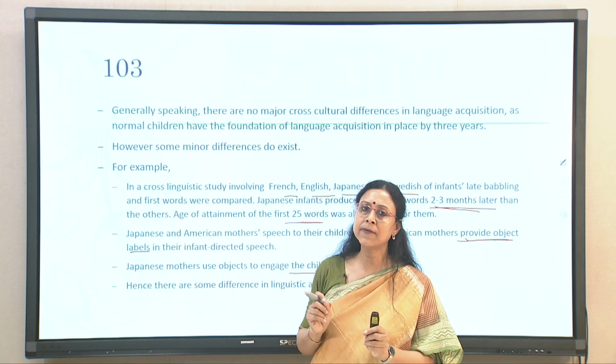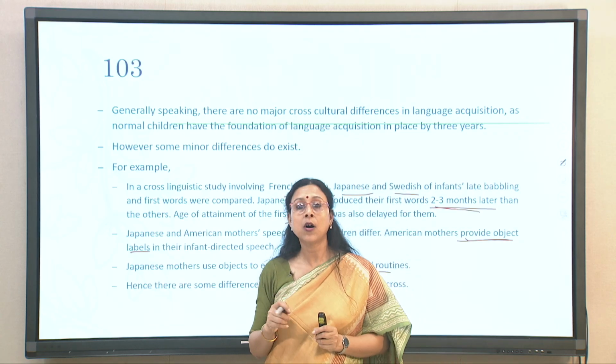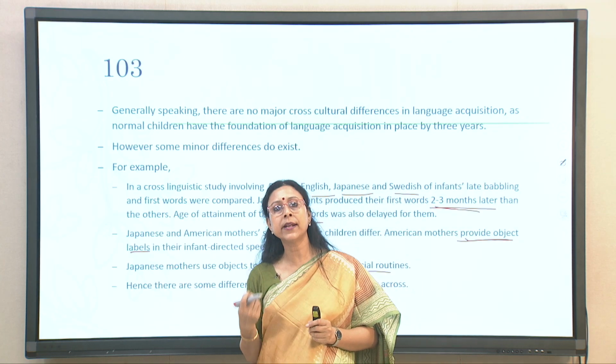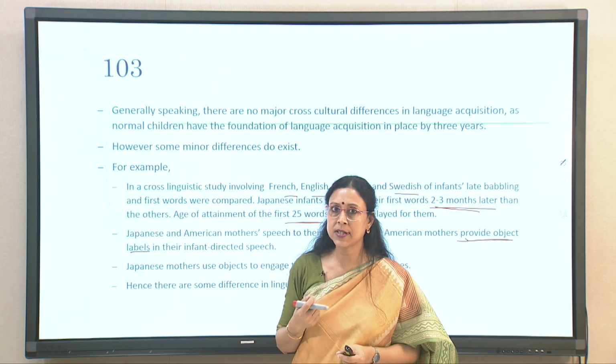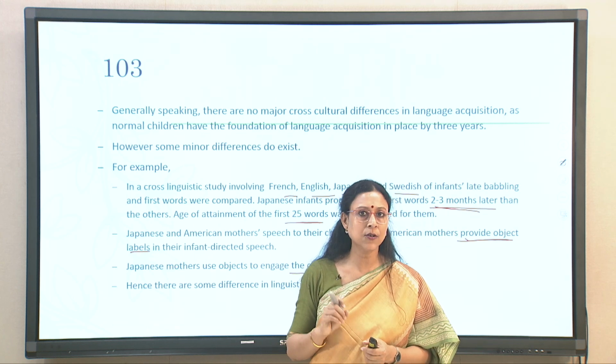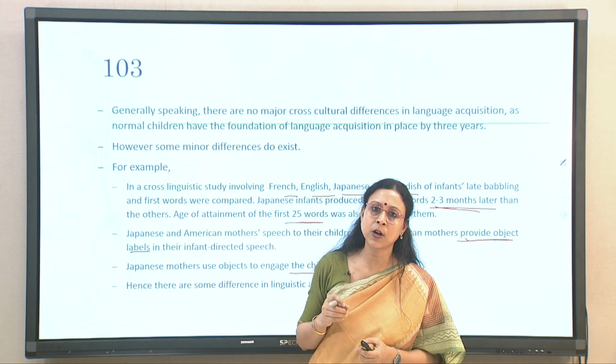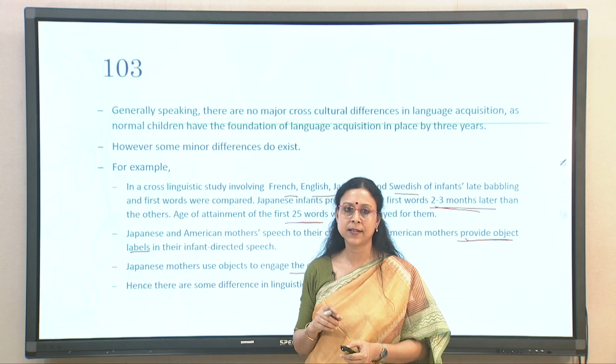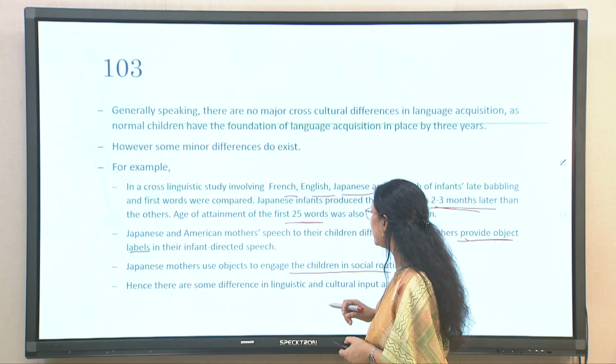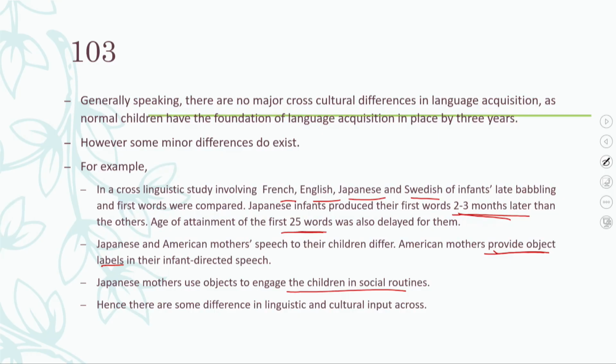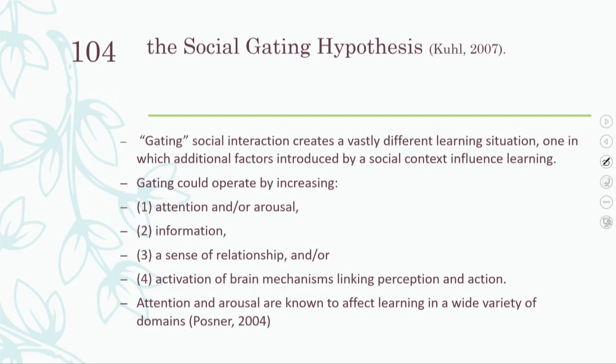These different techniques embedded in the mother's speech towards the child probably are at the root of the children learning vocabularies at different ages. Hence, there are some differences in linguistic and cultural input across different kinds of languages.